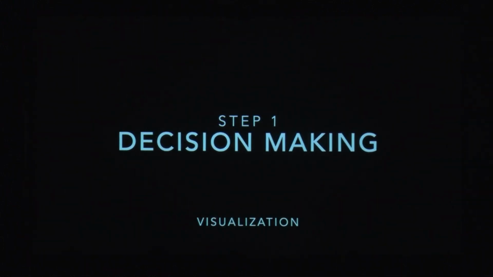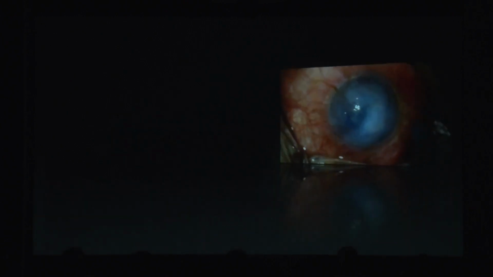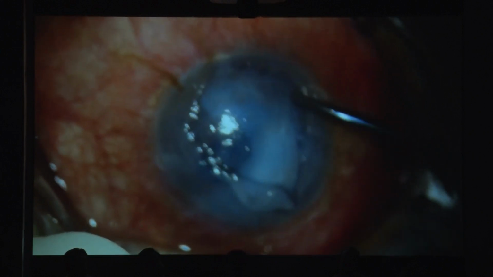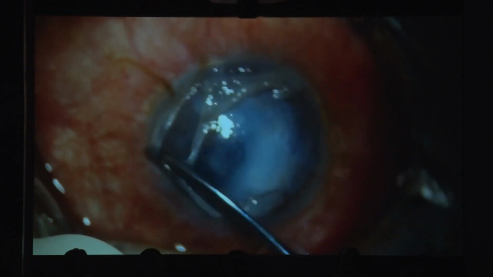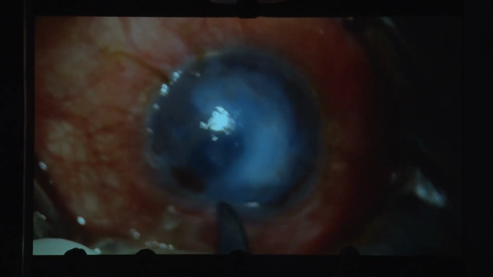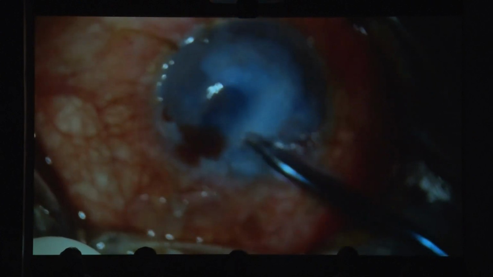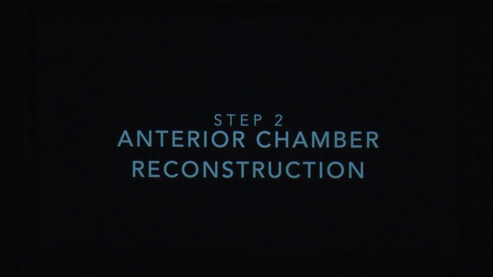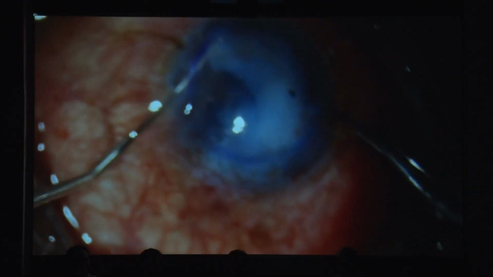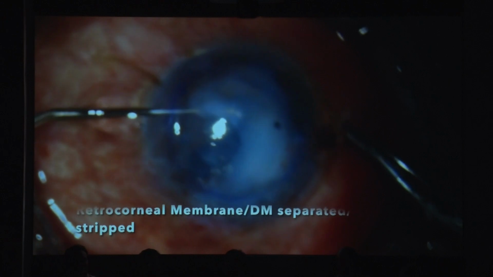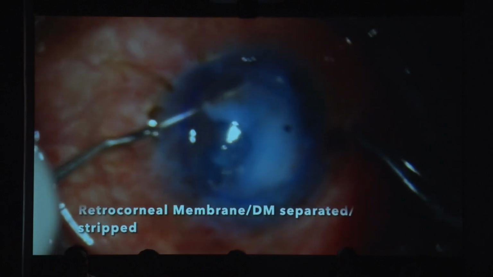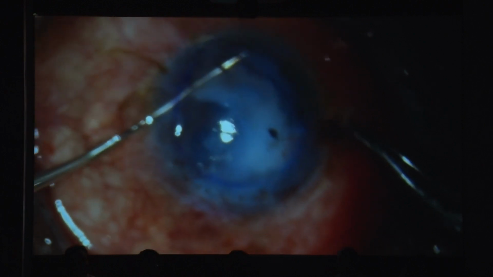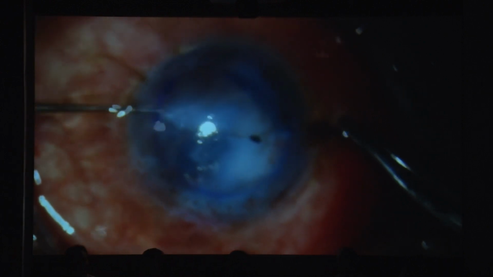So step 1 is the decision making. For this, the epithelium is removed for a better visualization of the eye structures. Step 2 was anterior chamber reconstruction. Here, using a reverse Sinskey hook, the retrocorneal membrane or the Descemet's membrane complex was separated from the undersurface of the corneal stroma.